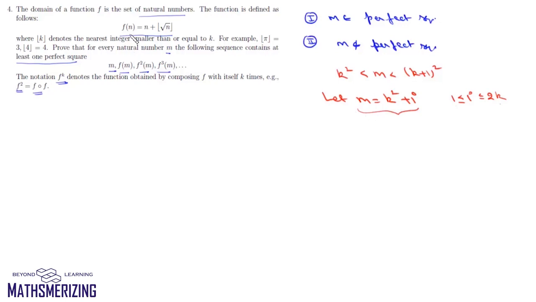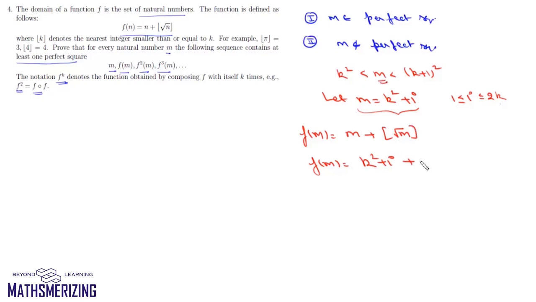Now we'll write f(m). So f(m) will be m plus the greatest integer function of square root of m. So it will be f(m), and then m is k square plus i, and then the greatest integer function of square root of m. So square root of m will lie between k and k plus 1.